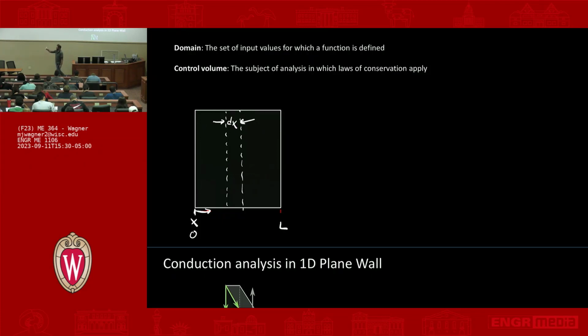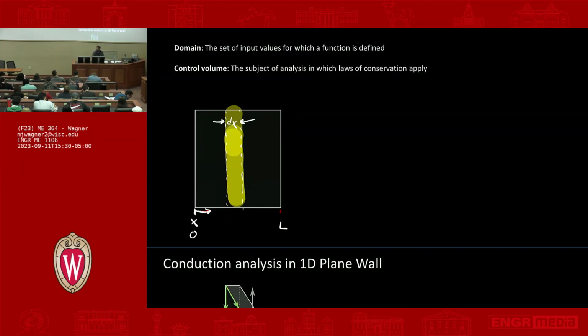We're only looking at heat flow in the x coordinate. And we'll get to why we can make that assumption in a second. But we have 1D in x. We draw a differential element in that direction. And that's our control volume. So now I'm going to be doing control volume analysis on everything inside this domain here, right? That's my control volume.